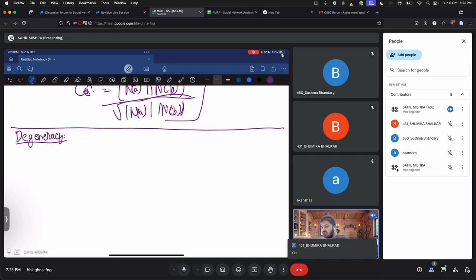Say something, guys. Do you guys know what is degeneracy? Last concept of this chapter. Then we'll go to chapter 3, network growth models, the famous Albert-Barabasi thing.